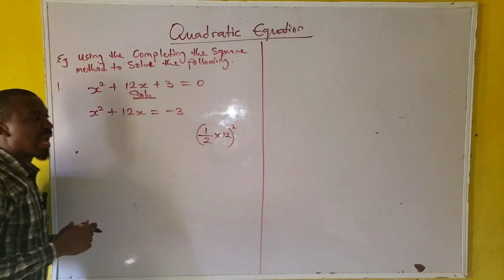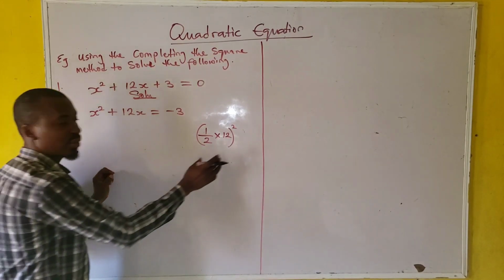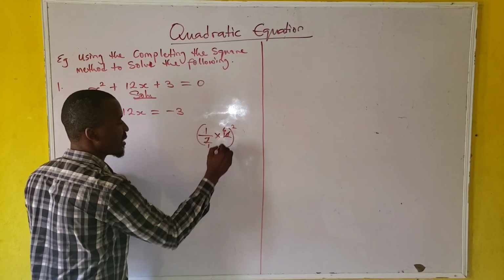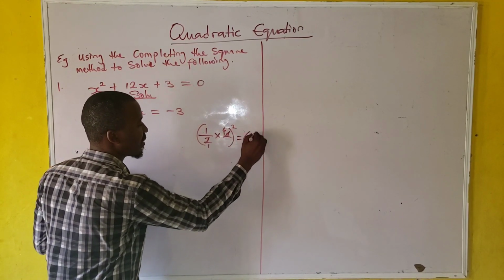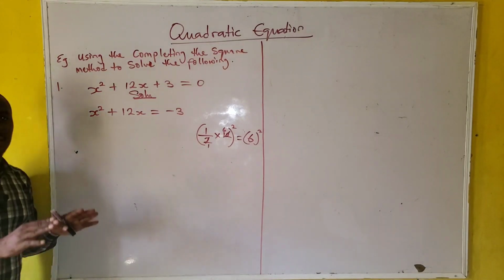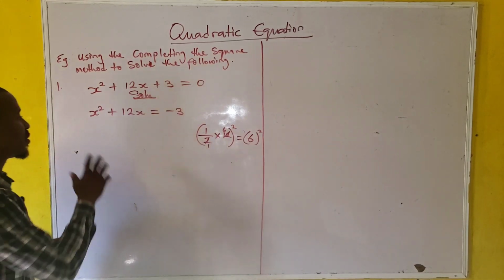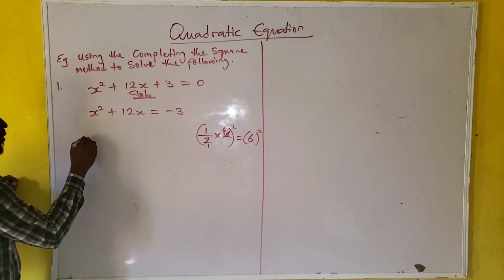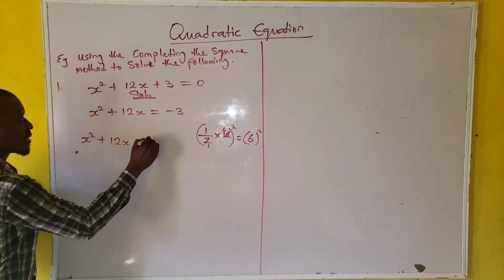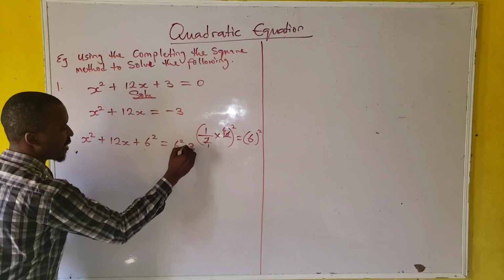That's what they say we should add on both sides to make this a perfect square. Half of 12 gives me 6, so that will give me 6 square. What I'm adding both sides is 6 square. So let's add it both sides. That will give us s square plus 12s plus 6 square equals 6 square minus 3.